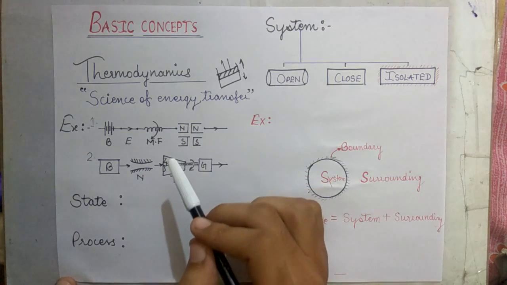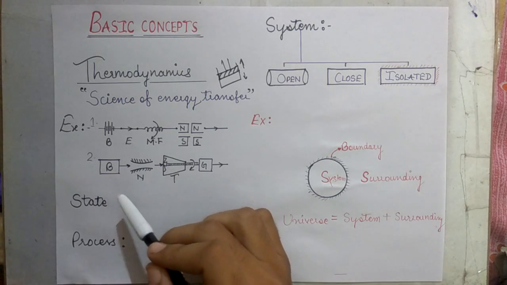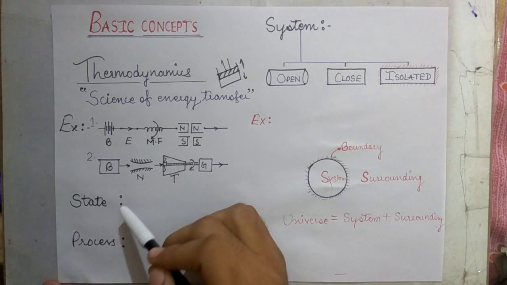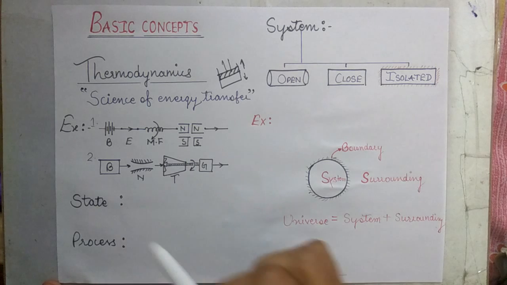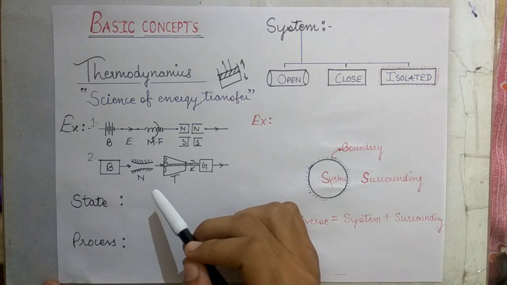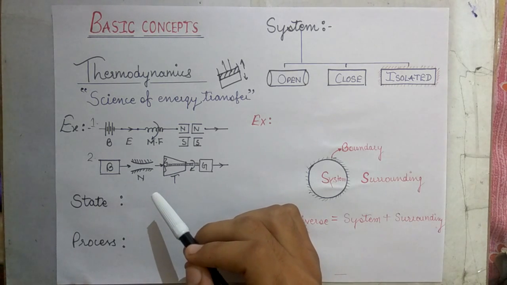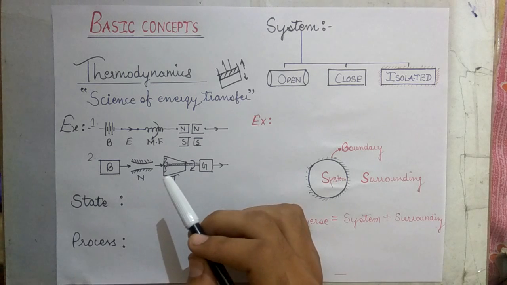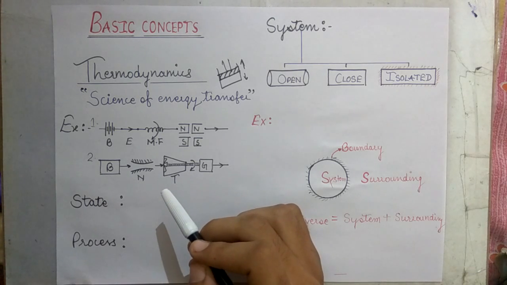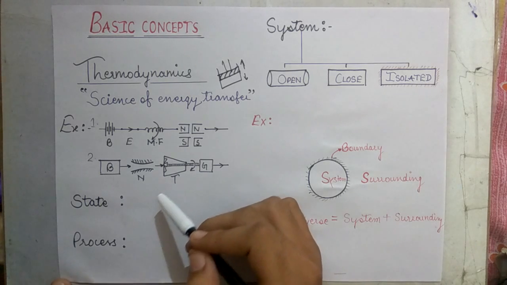Now there are some terms related to thermodynamics. First we talk about state. So what is state? State is something which defines the condition of a system by its properties. Suppose we have a system and we check its properties at a particular instant of time, so that will be the state for that system.